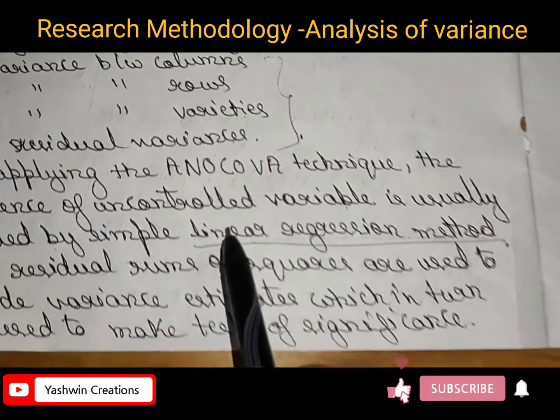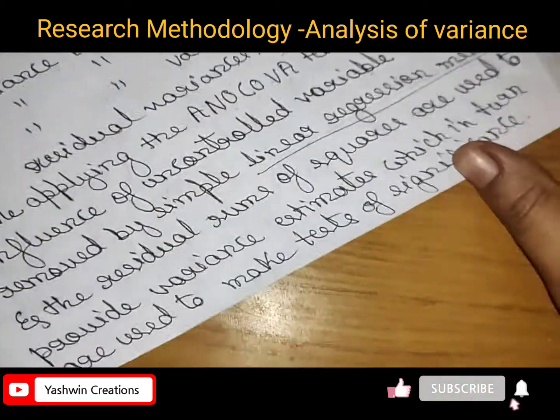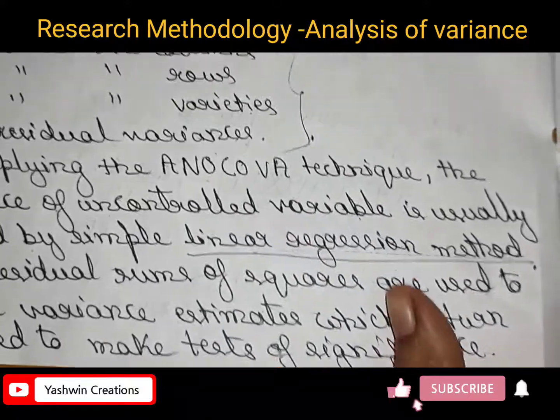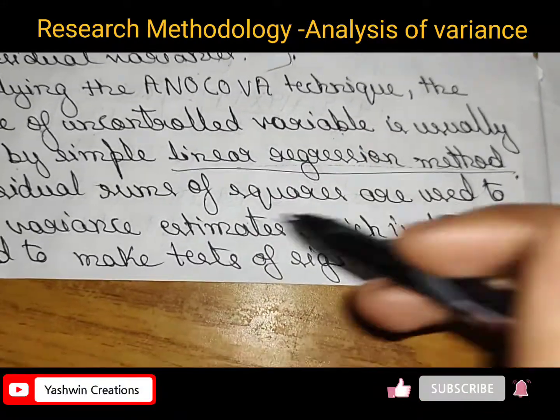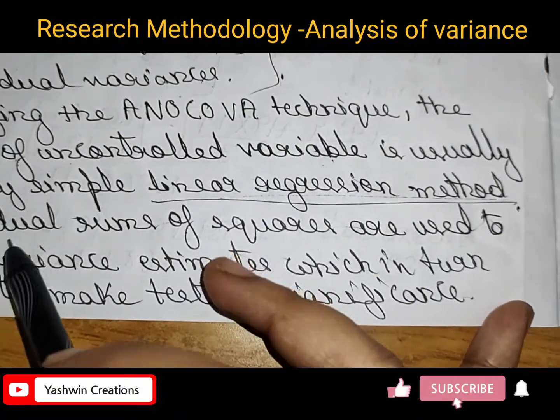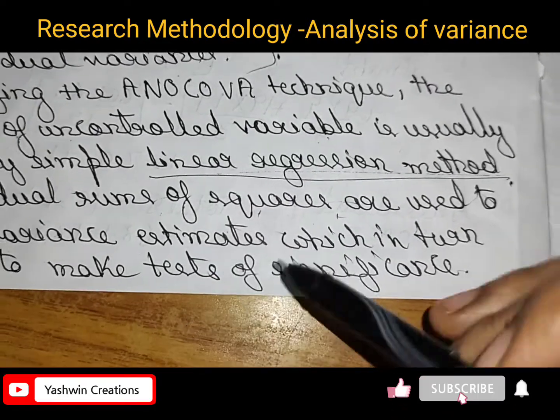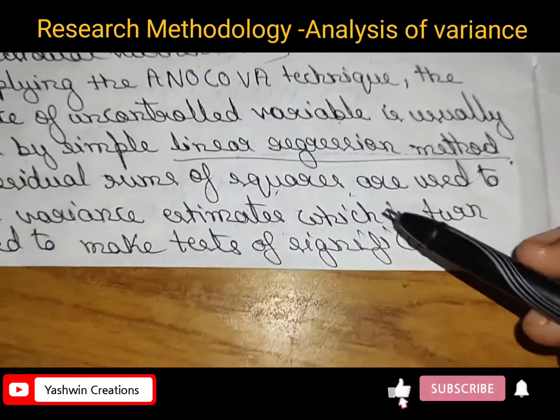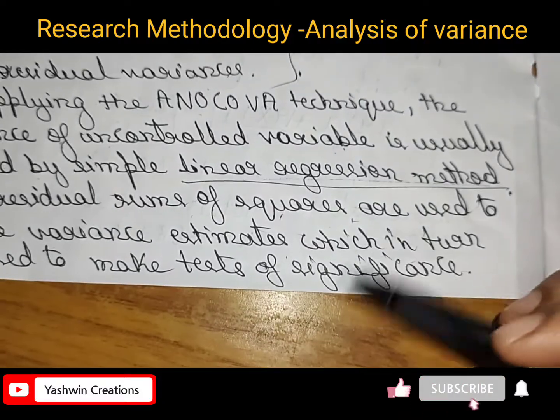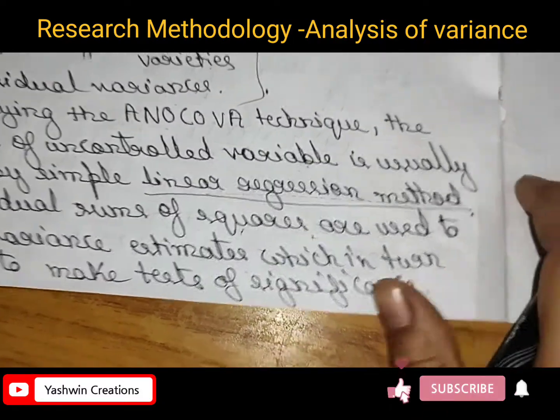Removed by a simple linear regression method. And the residual sum of squares are used to provide what? Residual sum of squares are used to provide variance estimates, which in turn are used to make tests of significance.